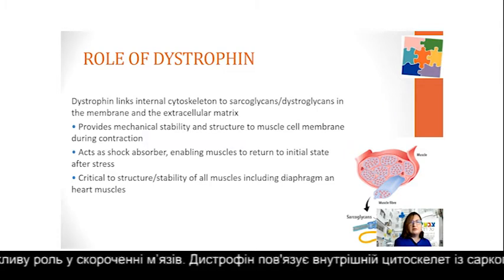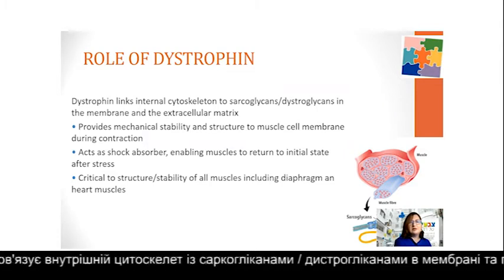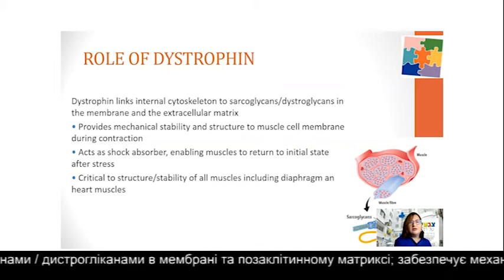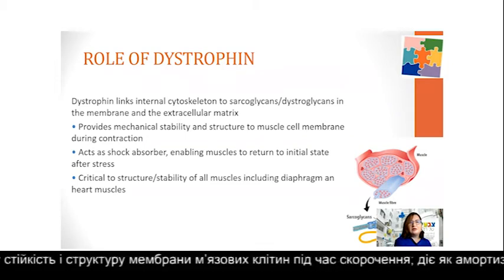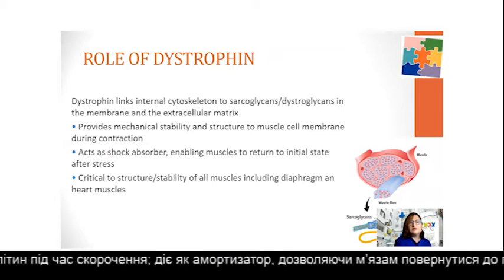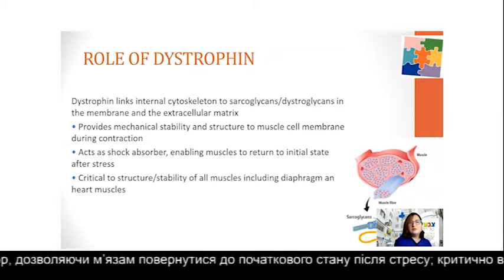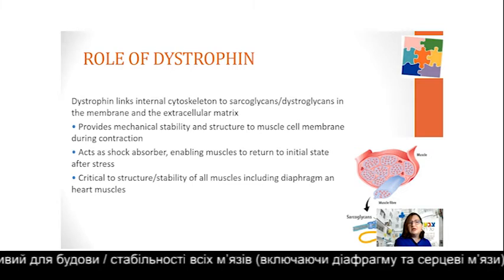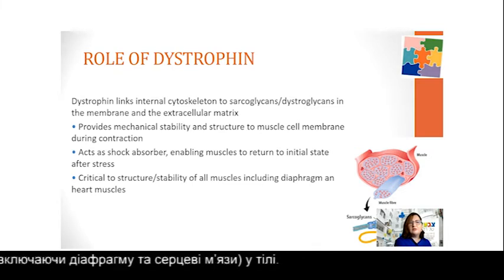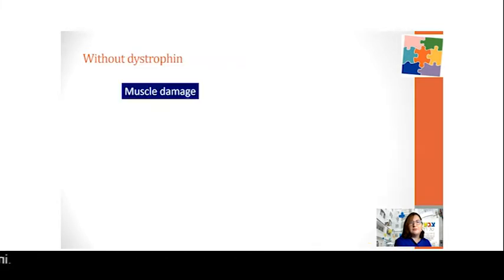Dystrophin links the internal cytoskeleton to sarcoglycans in the membrane and the extracellular matrix. It provides mechanical stability and structure to the muscle cell membrane during contraction, acts as a shock absorber, enabling the muscle to return to its initial state after stress, and is critical to the structural stability of muscle in the body.